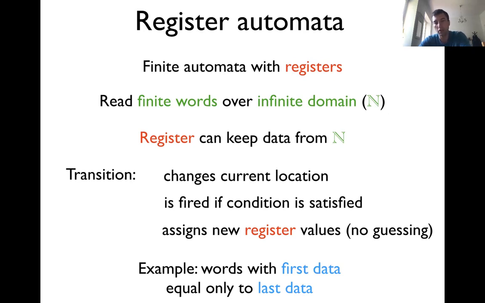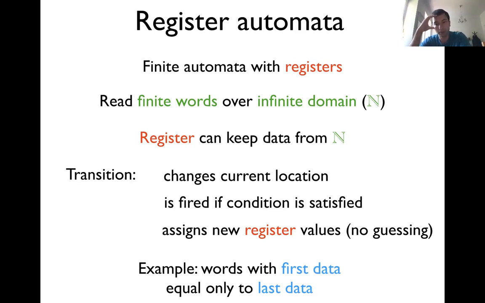At the beginning, the automaton stores the first letter into the register. We can do it with only one register. Then it proceeds through the word, checking that input data are different from the datum in the register. And at the end of the word, it checks that indeed this last data value equals the data value stored in the register, so also the first data value.